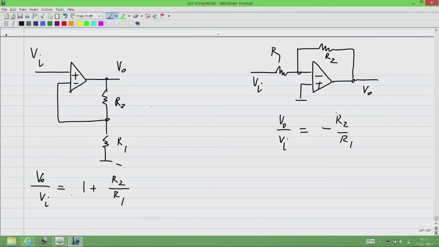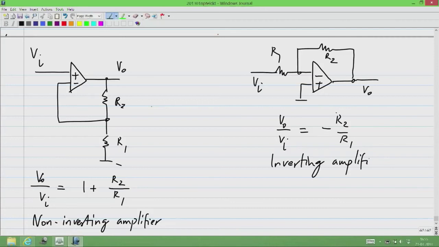Now because the gain of the circuit on the left side is positive, it is known as a non-inverting amplifier. Okay, and because the gain of the circuit on the right side is negative, this is known as an inverting amplifier. Okay.